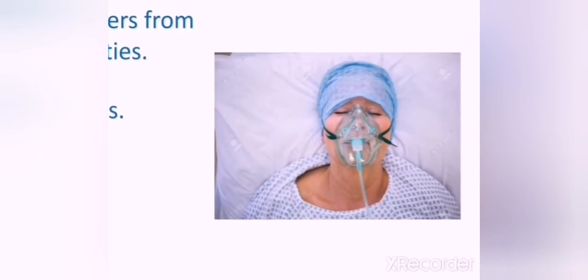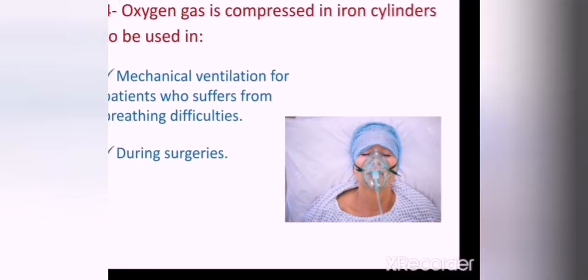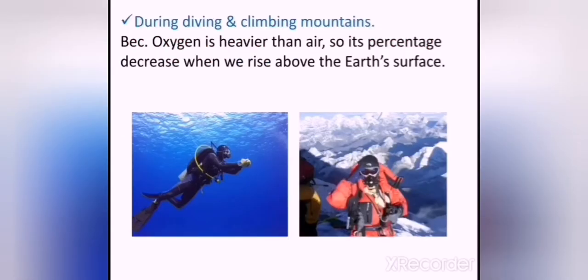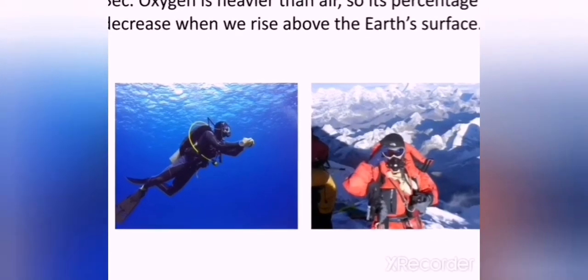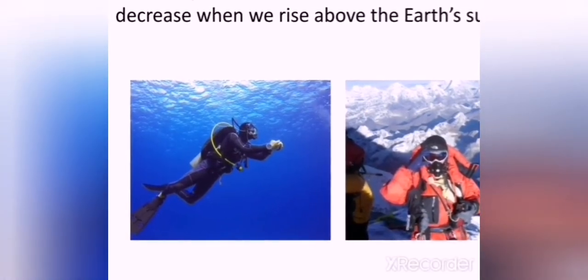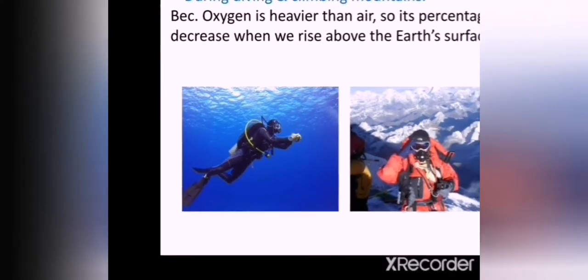The oxygen gas is compressed in the iron cylinders to breathe from these mechanical ventilations, and during surgeries, and during diving. When you dive under the sea, you have to use the oxygen cylinder to respire from it.